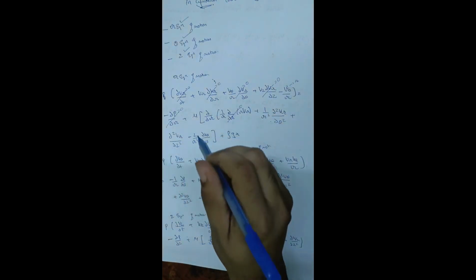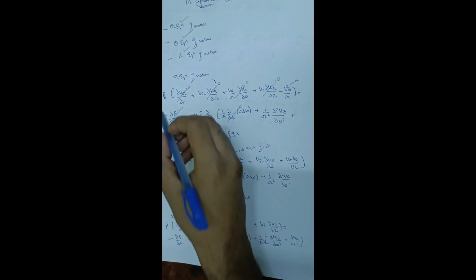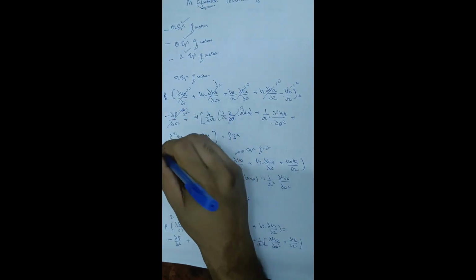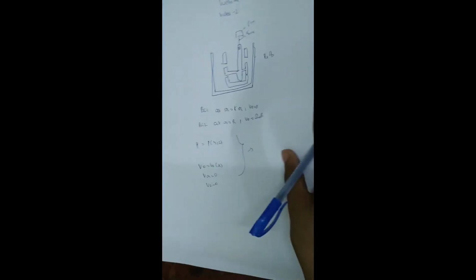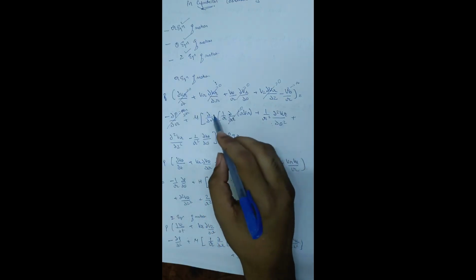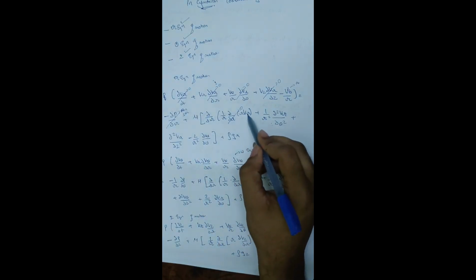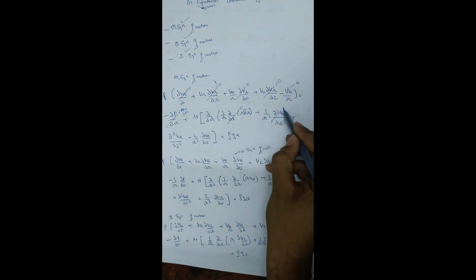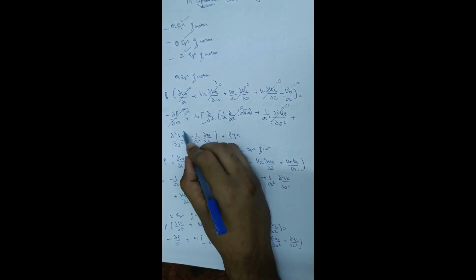Next, this term is non-zero because pressure is a function of r and z, so dou p by dou r is not 0. Moving on, Vr is 0, so this term is 0. This term is also 0 because Vr is 0.